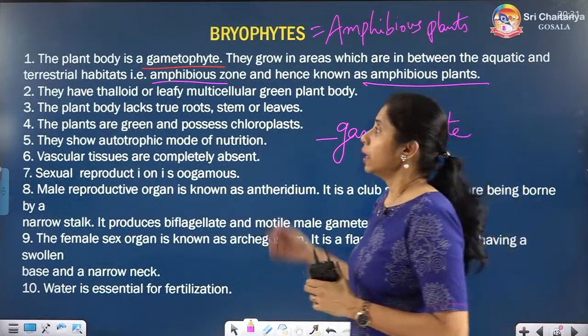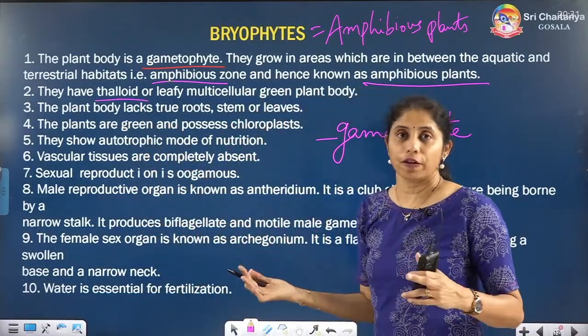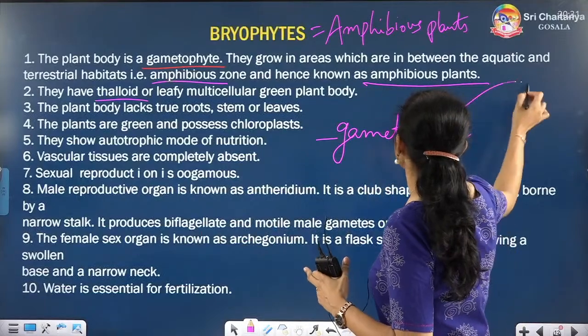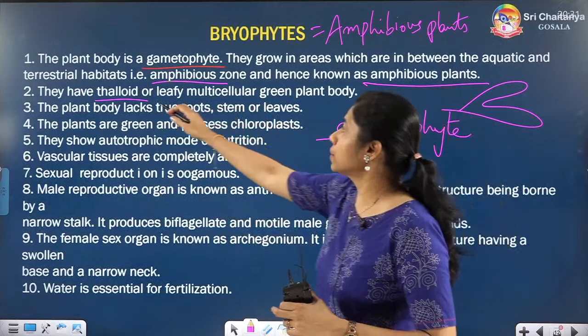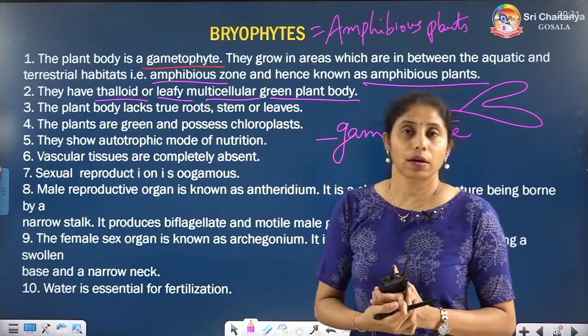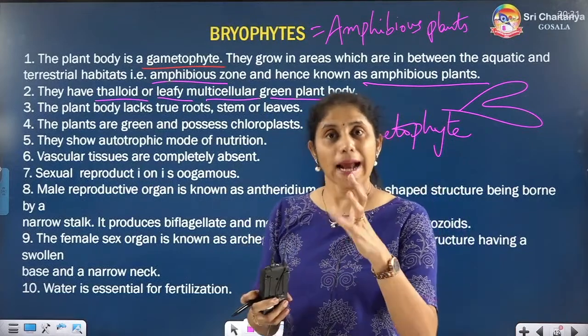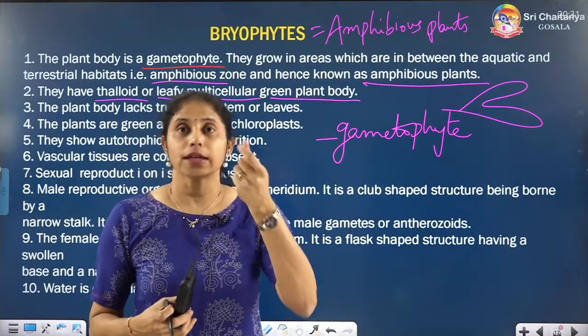Okay. The next one, they have a thalloid body. As I told you, thalloid means which is undifferentiated, just a structure like this which is not differentiated. Thalloid forms can be there, or a leafy multicellular green plant body can be there. It can be a plant body which looks like it has leaf-like structures and root-like structures.